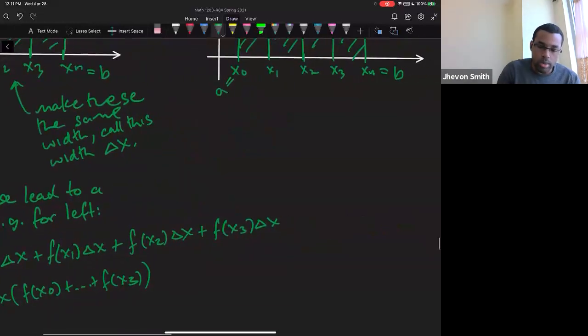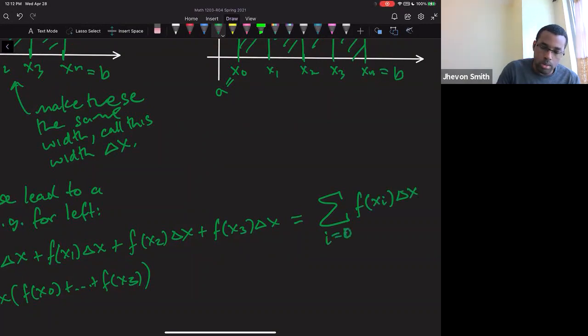Another way to write this out is to just say I'm taking the summation of the f of xi times delta x, where i is going from 0 up to 3, right? Or more importantly, i is going from 0 up to n minus 1. Right? It stops just before the last endpoint.